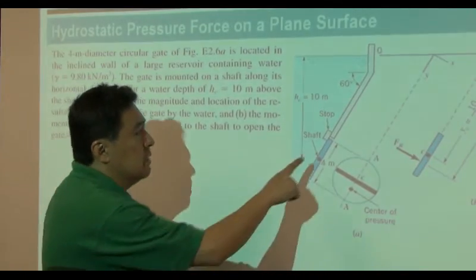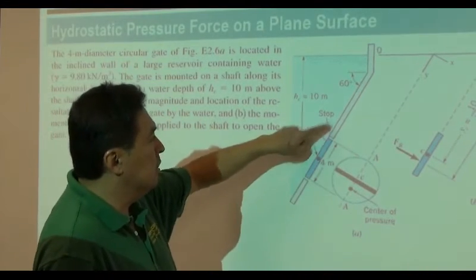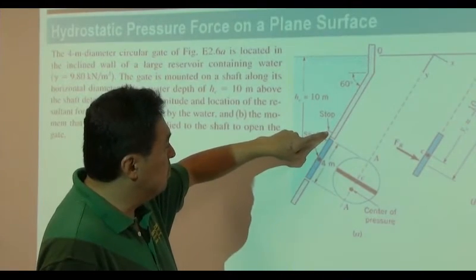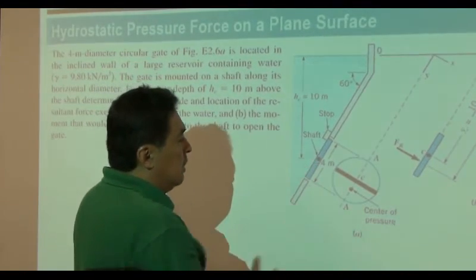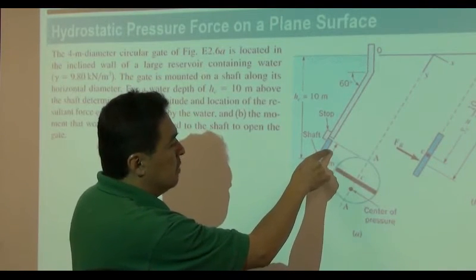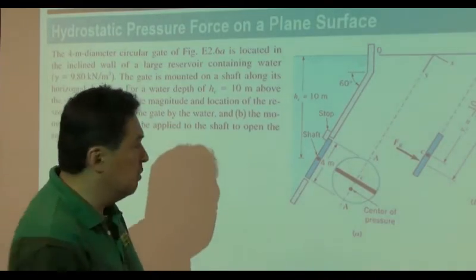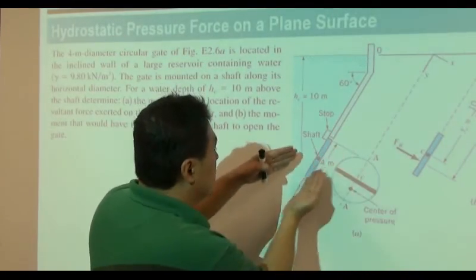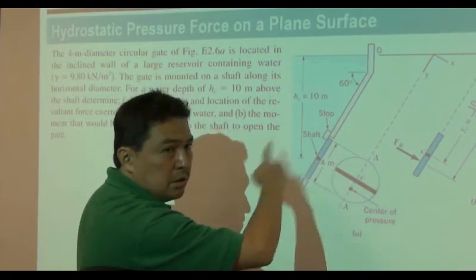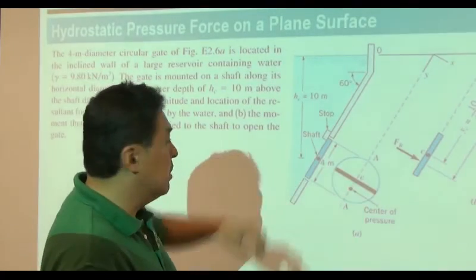So imagine this is a small tiny piece of metal which is welded to this surface, a mechanical stopper. It is going to prevent this gate from rotating this way. So there's no way this gate is going to rotate this way because there's a mechanical stopper here. You can't rotate counterclockwise.